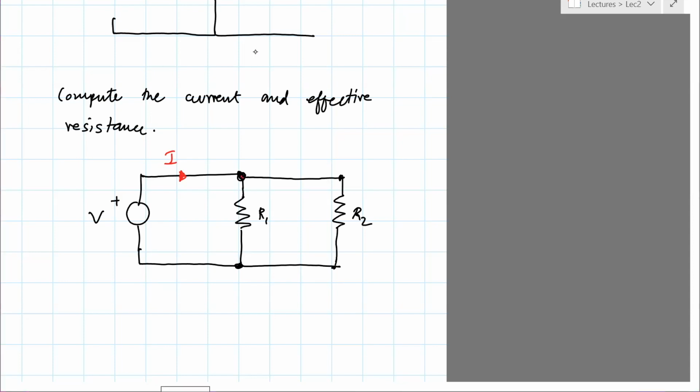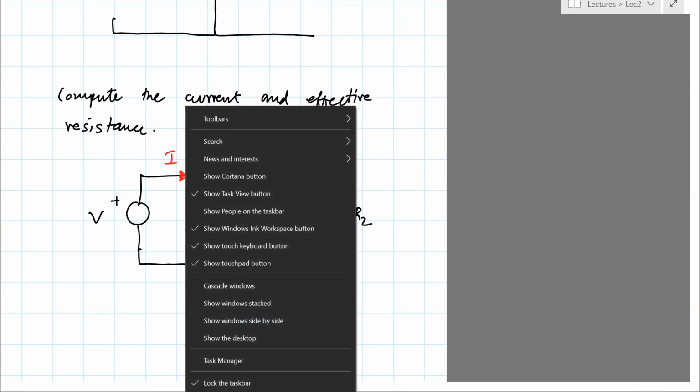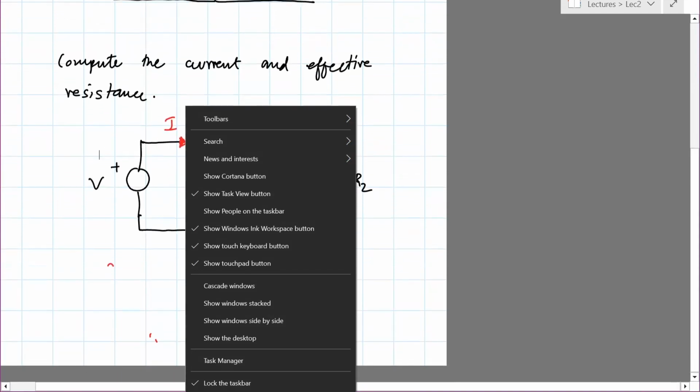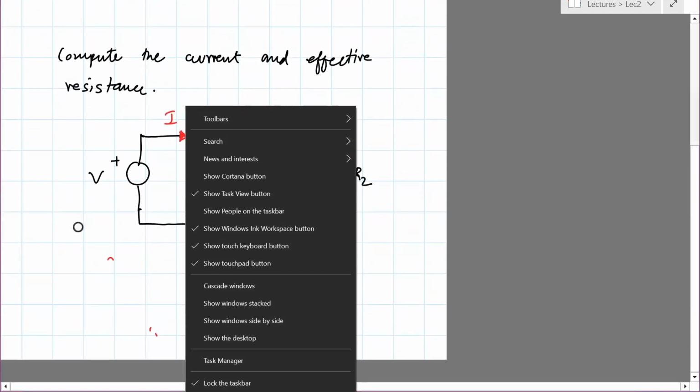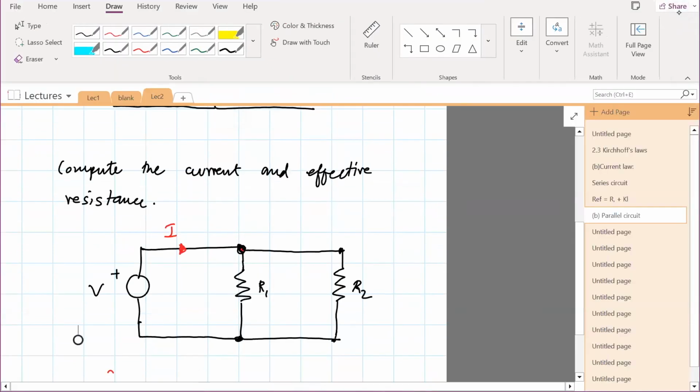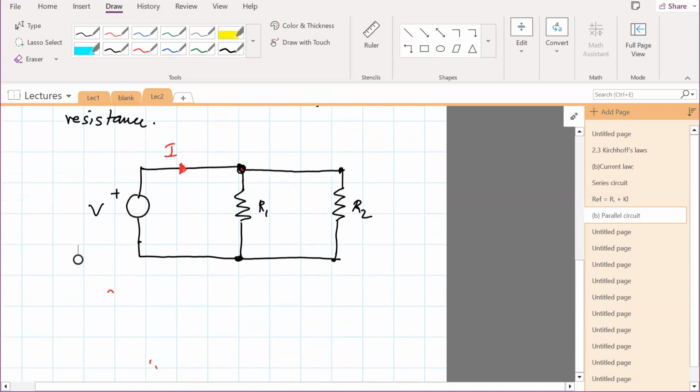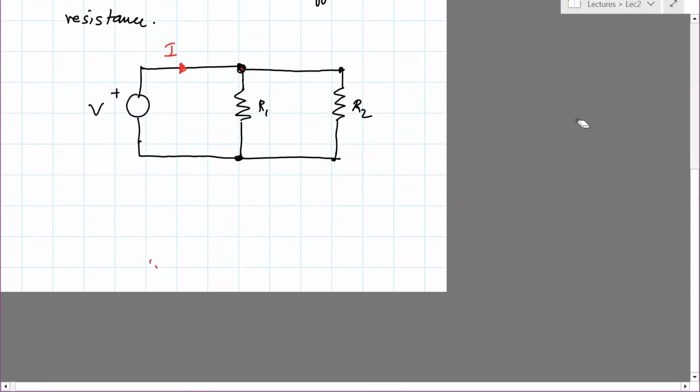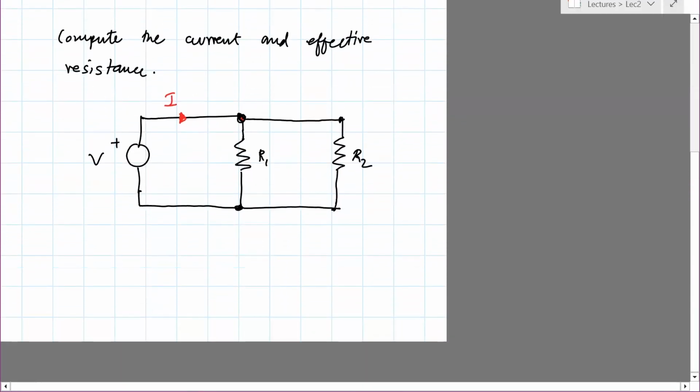So at this node, the current I splits into two. I can assume whichever direction I want; either direction is fine.